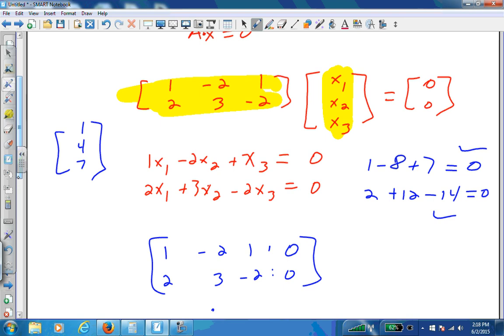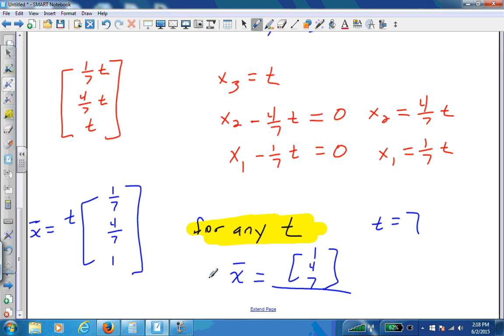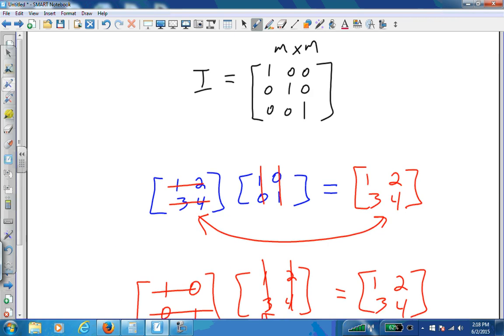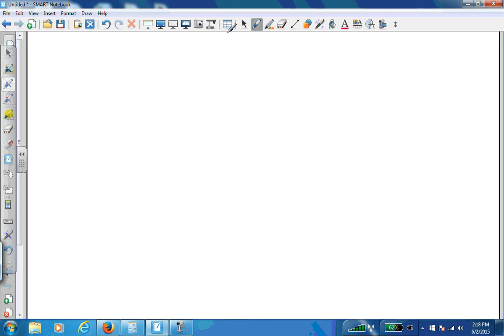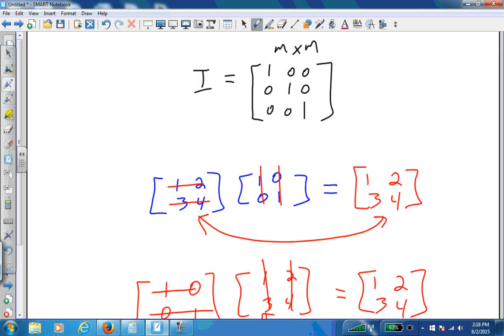So that's one of really many solutions to that homogeneous matrix equation. So that's essentially what they'll have you do in 2.1. There are a couple other exercises on there that might vary a little bit, but that will essentially get you through 2.1.